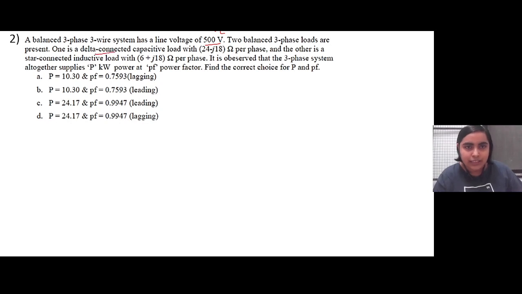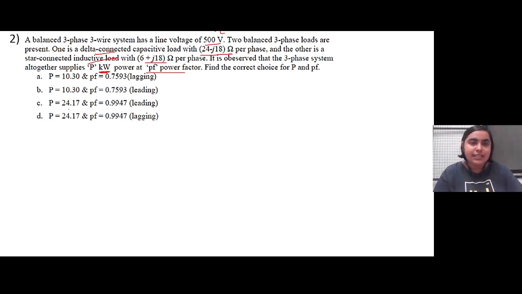One is a delta connected capacitive load with this much impedance per phase, and the other is a star connected inductive load with this much impedance per phase. It is observed that the three phase system altogether supplies power in kilowatts. So again we have to find the real power and the power factor.